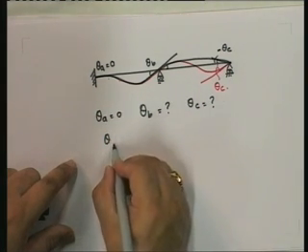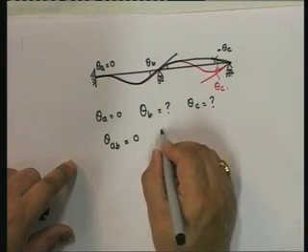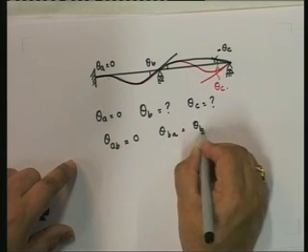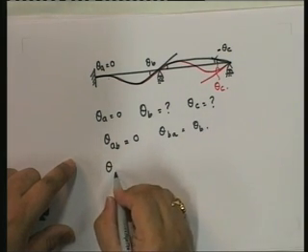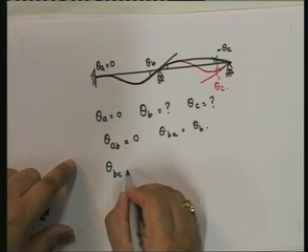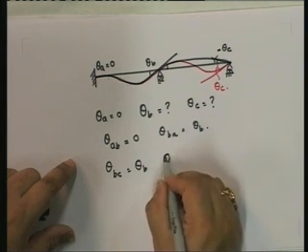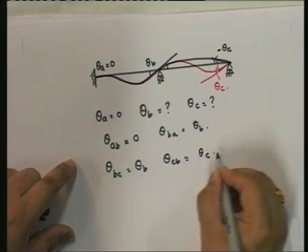So member boundary conditions, theta AB is equal to 0 and theta BA is equal to theta B. Theta BC is equal to theta B and theta CB is equal to theta C.